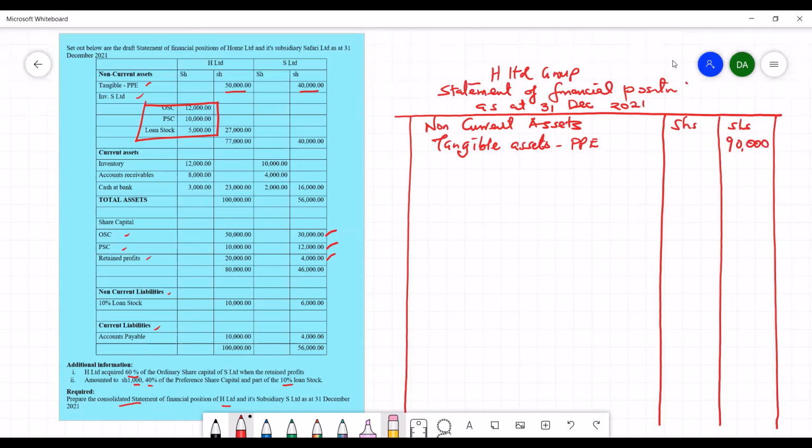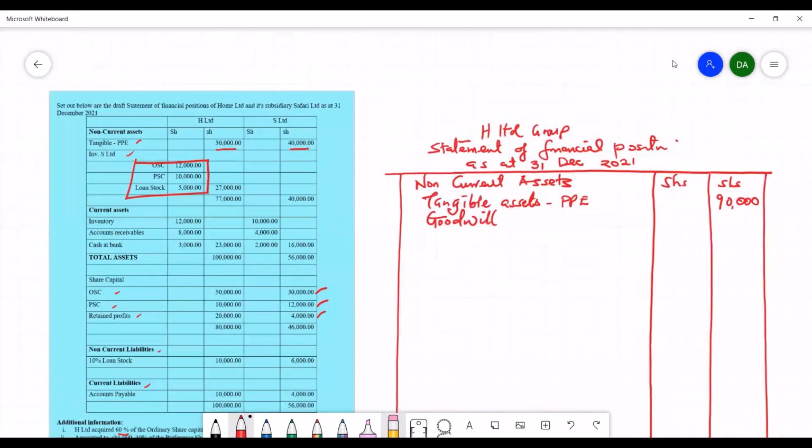Now the next item after tangible PPE is goodwill. In consolidation of S Limited, there was a goodwill which was realized, which was a negative goodwill. And we determined that goodwill when we were preparing the cost of control account. Let us go back and see what it was.